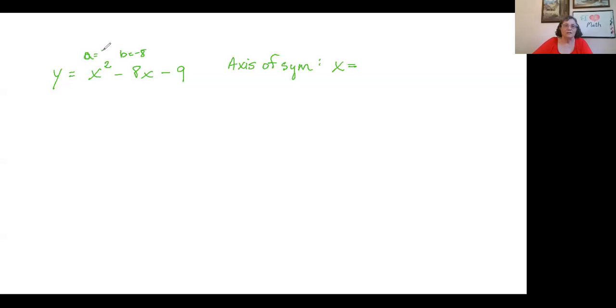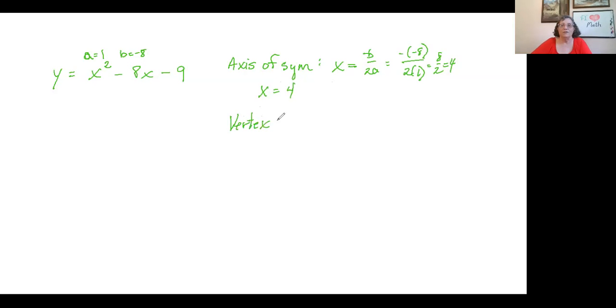A is a positive 1. So it's negative b over 2a, the first half of the quadratic formula. So negative 8 over 2 times 1, which is 8 over 2, which is 4. The axis of symmetry is the equation x equals 4.